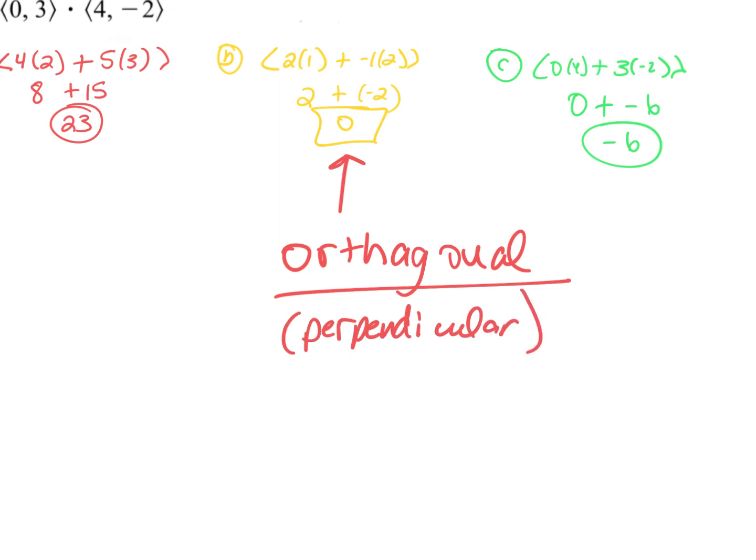If you find the dot product and it's 0, it means they're perpendicular, they're orthogonal. So on your test, you're definitely going to have a question or two that says, given the 2 vectors, prove that they are orthogonal algebraically. That means you have to find the dot product.